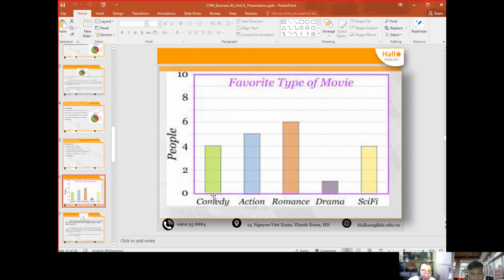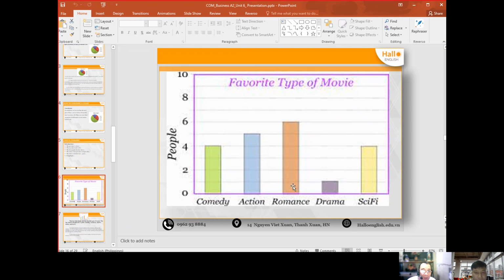So it shows here that there are people who are watching comedy movies, action, romance, drama, and sci-fi. It shows in that particular bar chart.